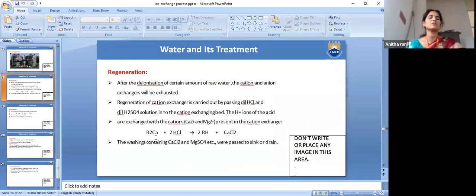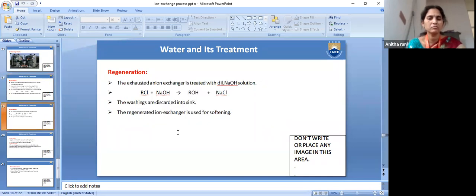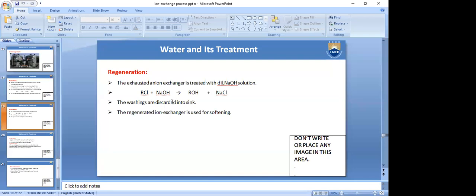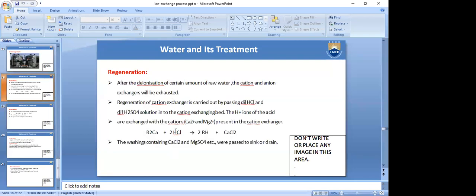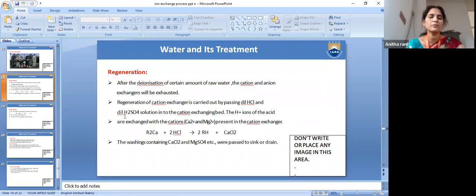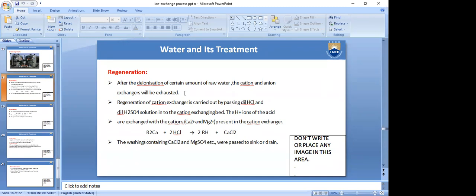What are the solutions we are using for regeneration? Dilute HCl or dilute H2SO4, for the regeneration of the cation exchanger bed.